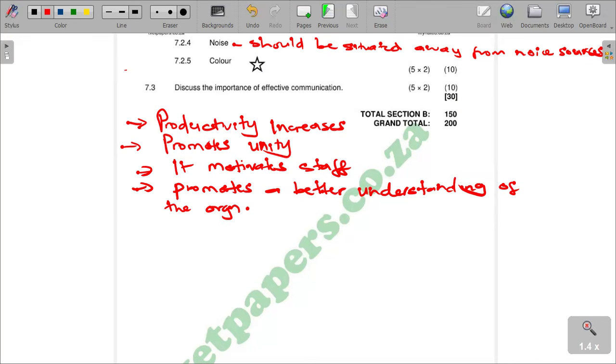And also, it promotes a well organized working environment.